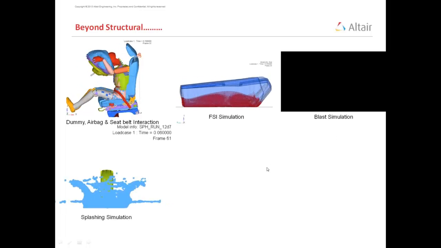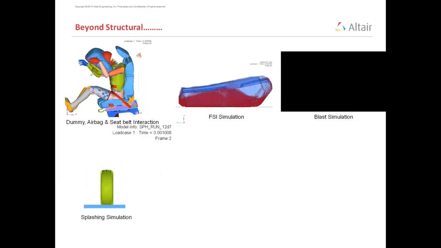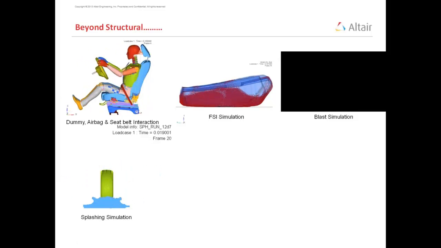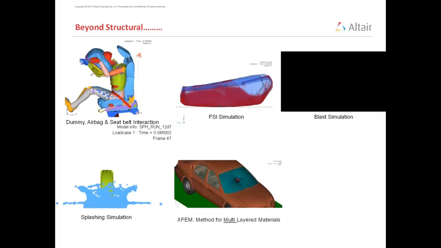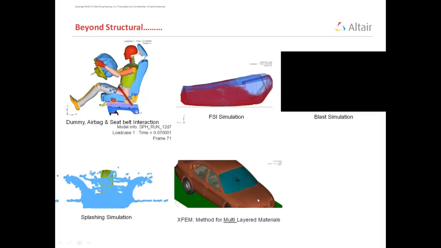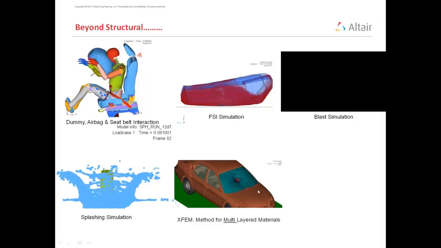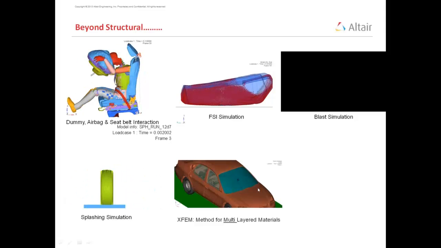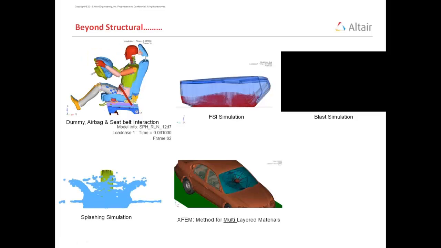And one more FSI kind of case where I'm seeing the splashing effect. I have the particles and we are seeing the splashing effect. Then some of the very advanced rupture models, like the rupture mechanism, where we have the XFEM method to represent the exact rupture physics.